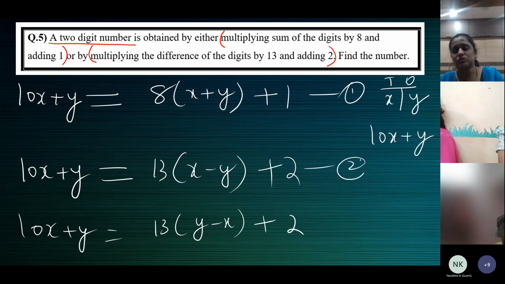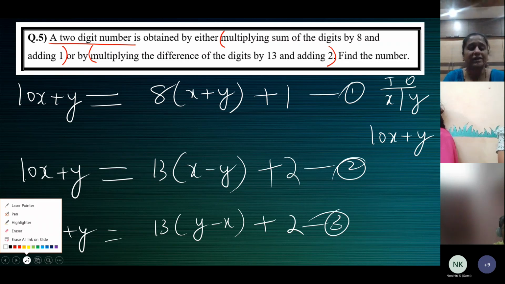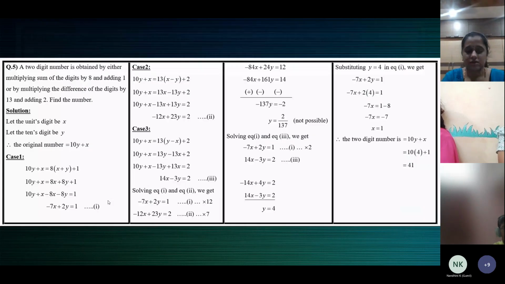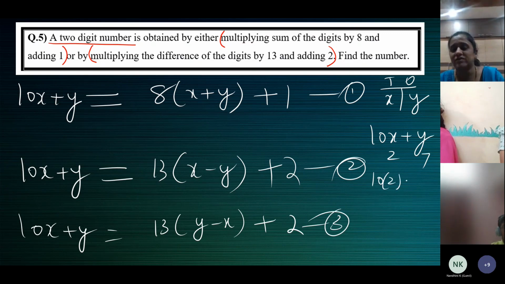So this is equation 2, equation 3. Solve and find the number. You will get x and y. Once you get x and y, put them in. Supposing x is 2 and y is 7, the number is 10 into 2 plus 7, which is 27. To find the number, use 10x plus y.